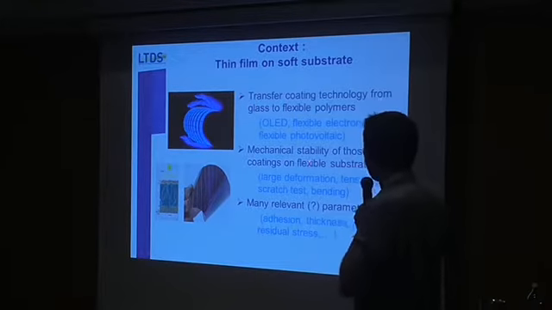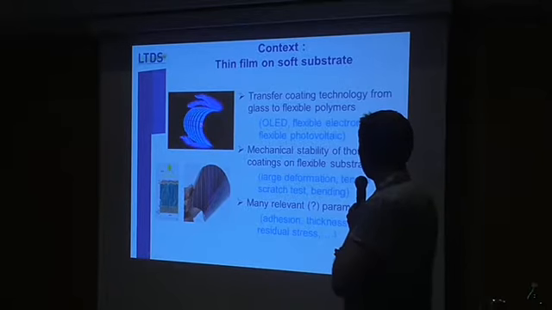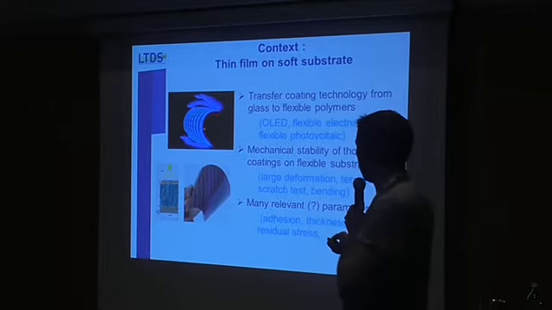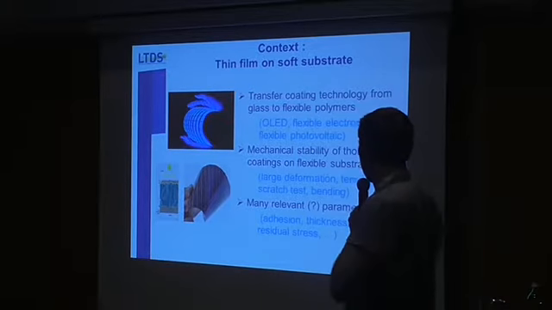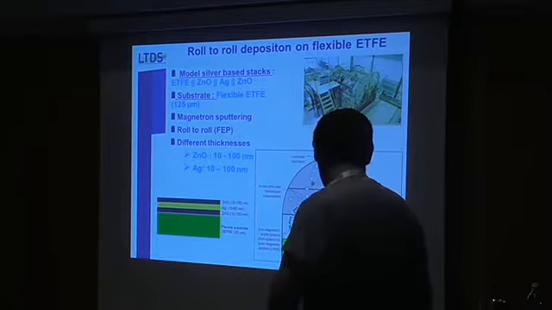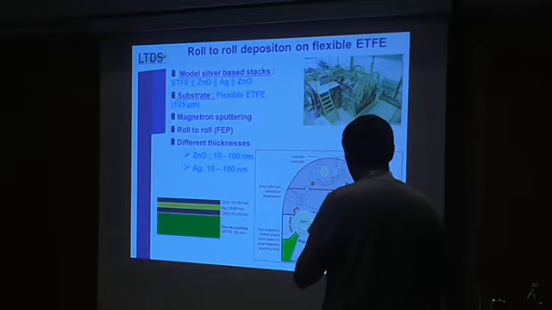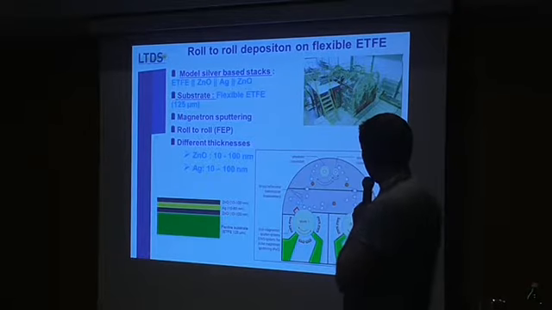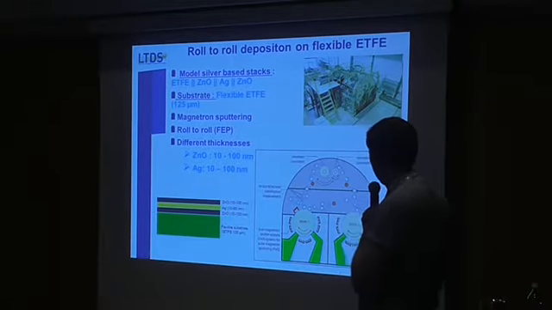So the problem in this deposition of hard coating on flexible substrate is that there are many relevant parameters. You can deal with adhesion problems, thickness, plasticity, and residual stresses. To investigate this problem, we use roll-to-roll deposition techniques on flexible ETFE.